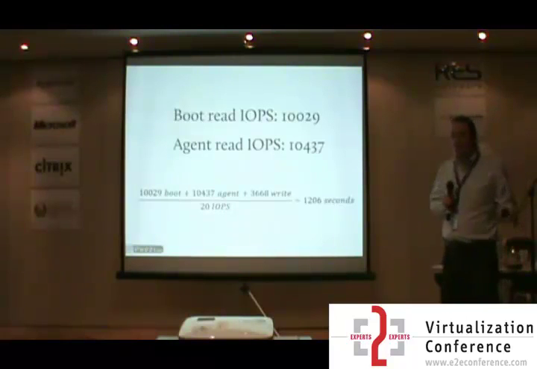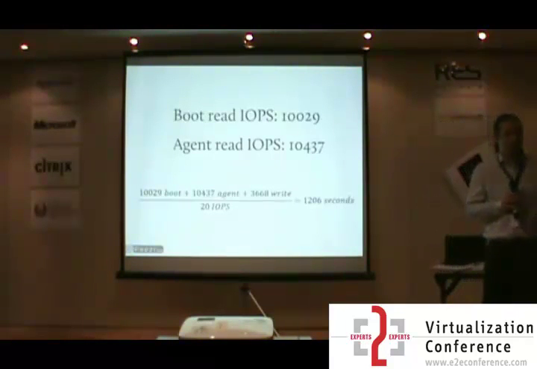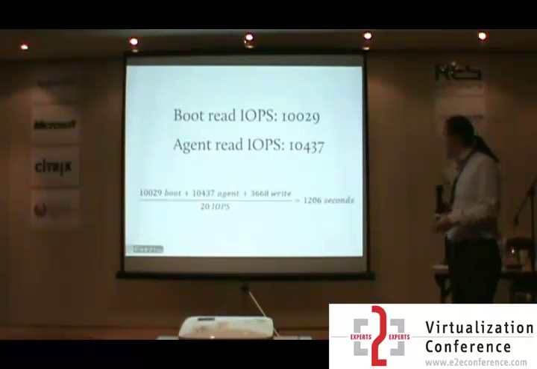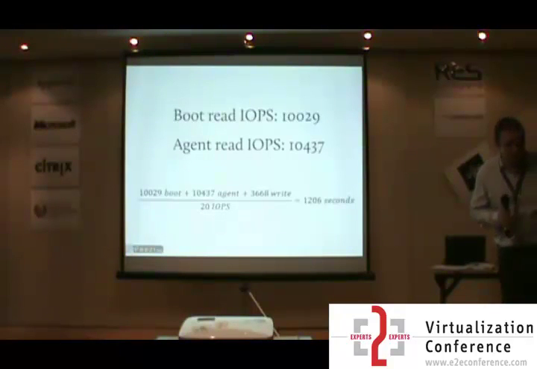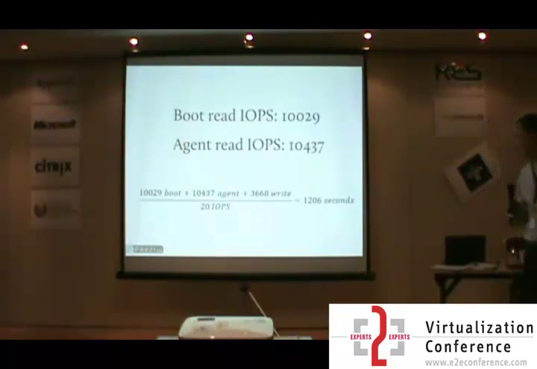The agent or the scheduled task start is again around 10,000. So if I add in the extra write and divide by, let's say, an average of 20 IOPS, we get 1,200 seconds. Yeah, 1,200 seconds is what? 20 minutes.